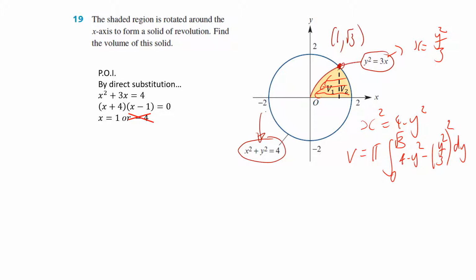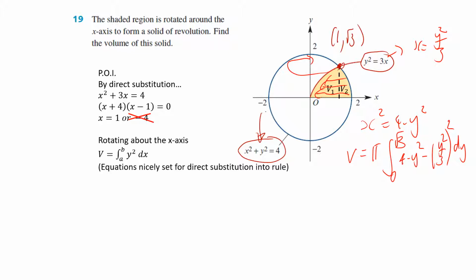So that's what it would be if I was rotating it around the y-axis. But I'm not, okay? I'm rotating around the x, so I split it up into those two separate volumes, V1 and V2. Let's proceed.